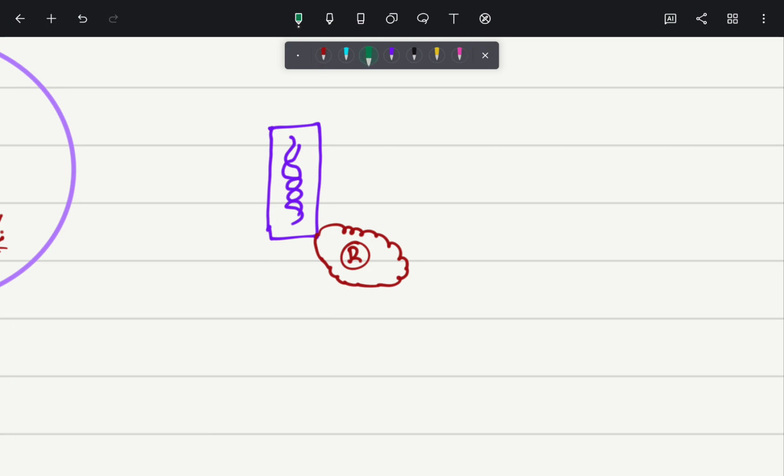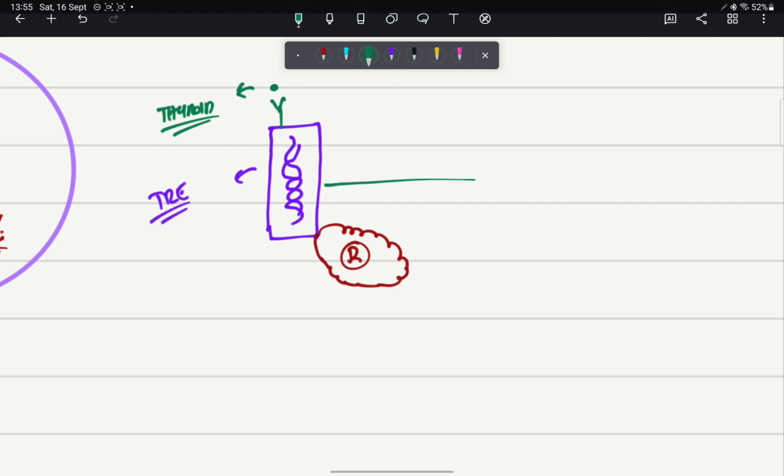So eventually what will happen, the thyroid ligand, the thyroid hormone, comes and binds with the thyroid response element, and this repressor protein is ejected out. Repressor protein is thrown out.